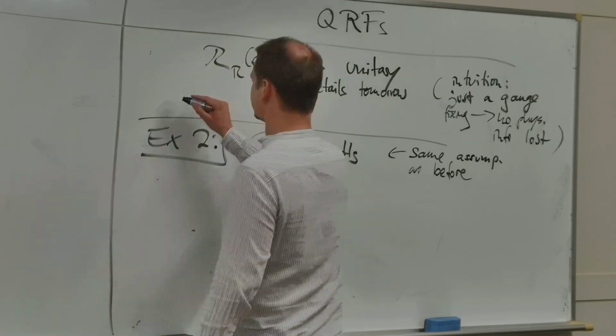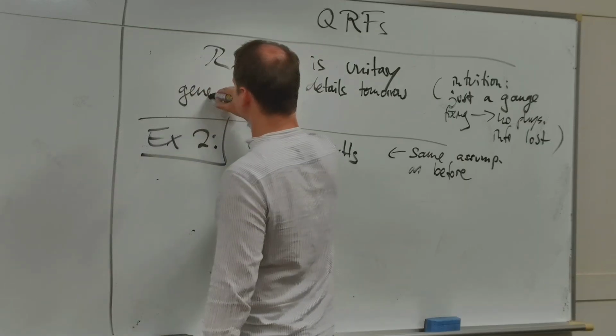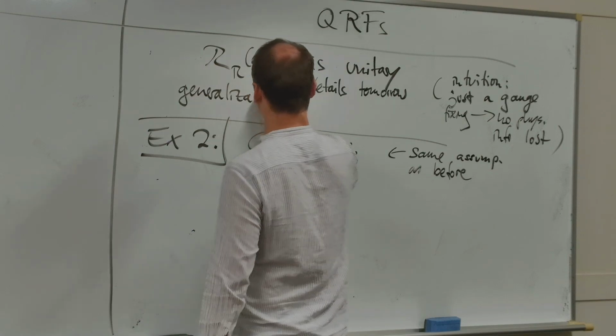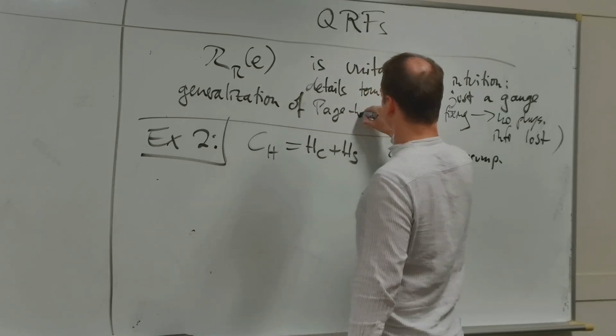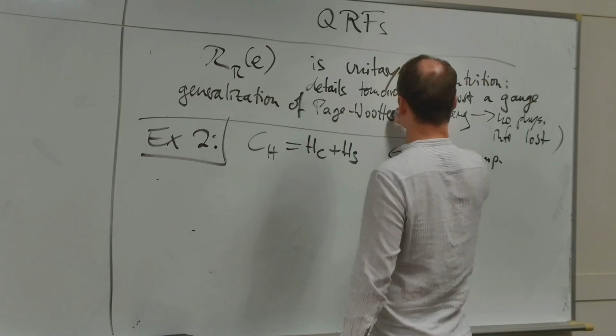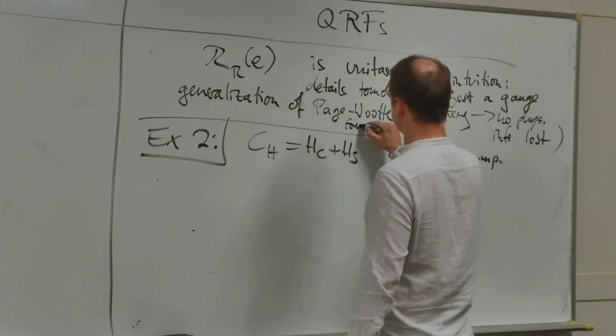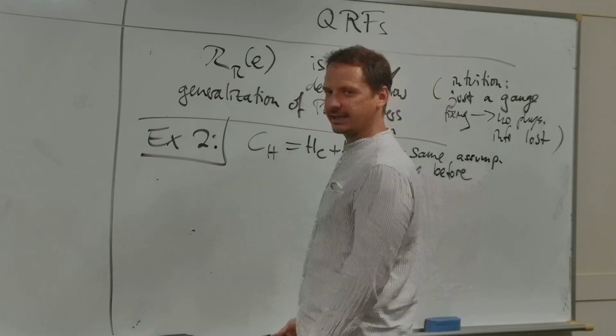Okay, one thing that I wanted to say here is generalization. I should probably say that, generalization of so-called Page-Wooters formalism. And what I'm going to describe is the standard Page-Wooters formalism.